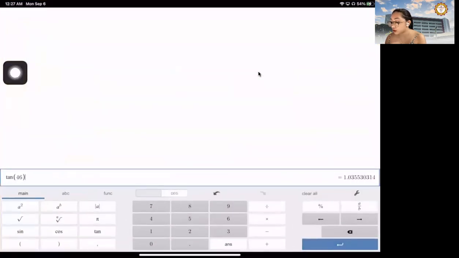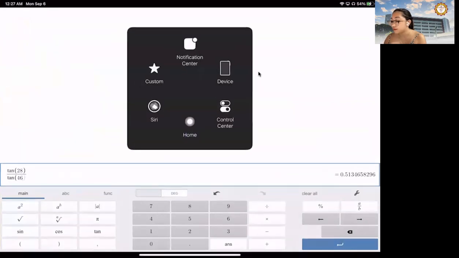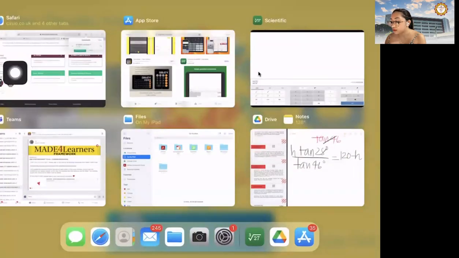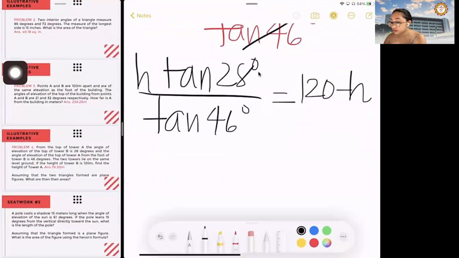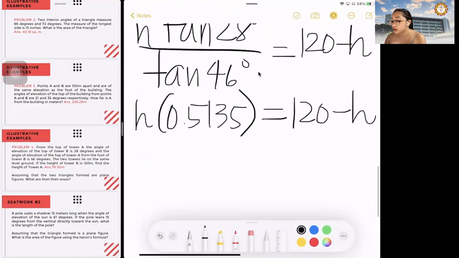So tangent of 28 divided by tangent of 46 is 0.5135, equals 120 minus h.